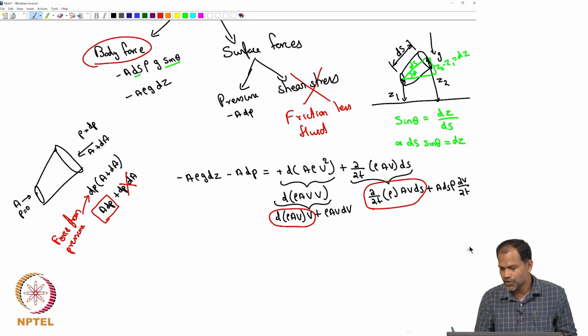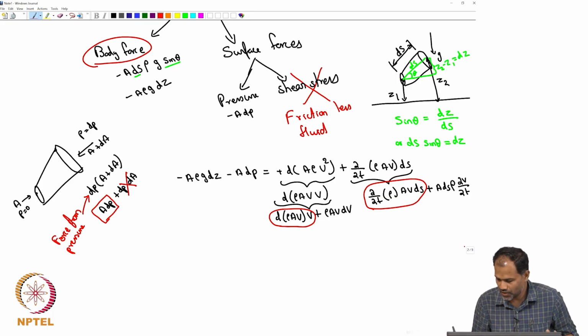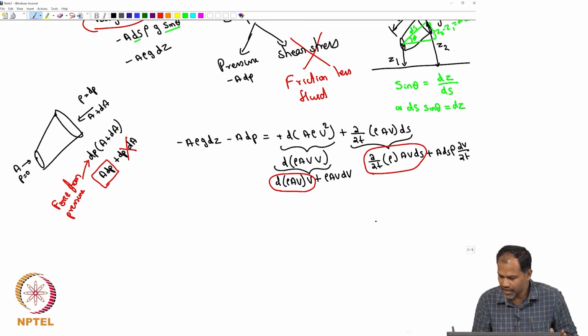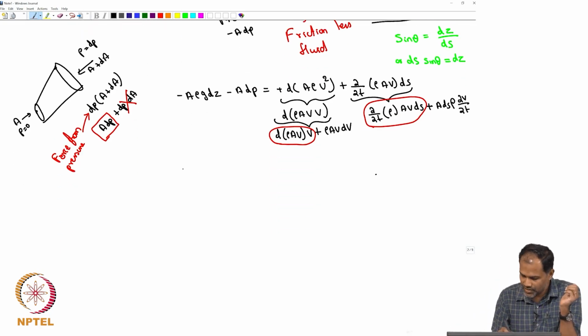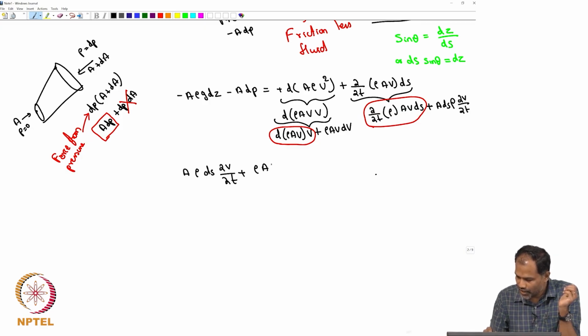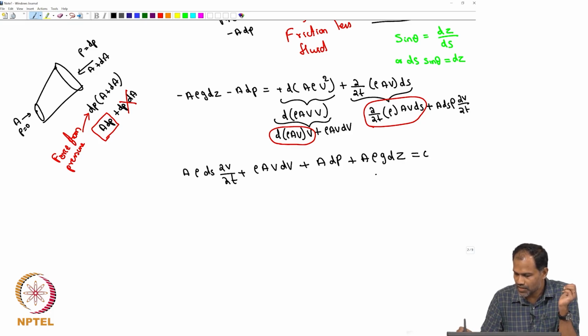These two terms are exactly the terms that you have in your mass conservation equation, and therefore, they basically add up to 0, and what you have left is now Aρ ds into ∂v/∂t plus ρAv dv plus A dp plus Aρg dz is equal to 0.